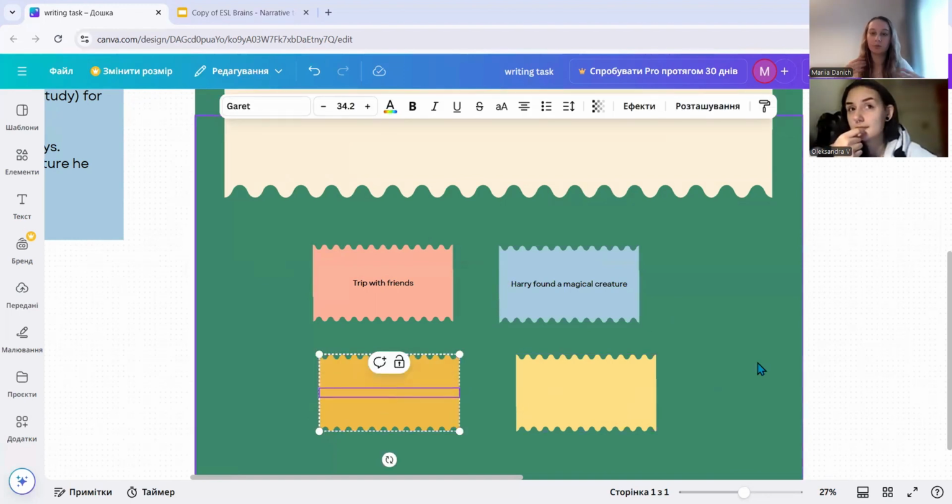Like discover a new magical place, maybe. But it's about the trip with friends. Okay, let's maybe think about the school. What could he possibly want from school this year?